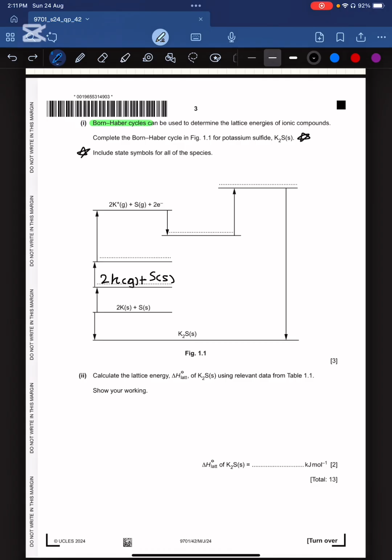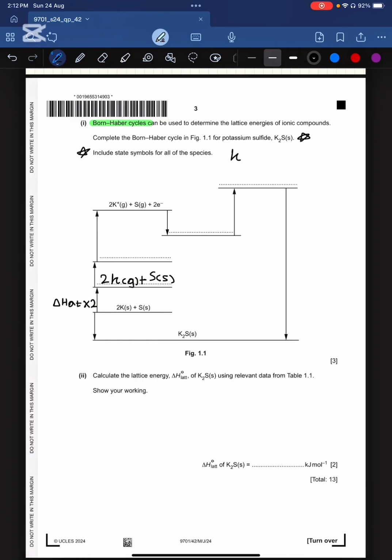So this was, now it's not asking us to label the arrow, but we can do it for our own help. This is going to be enthalpy change of atomization multiplied by 2 in order to reach from this to this. Next, I need to make each mole of potassium lose one electron.